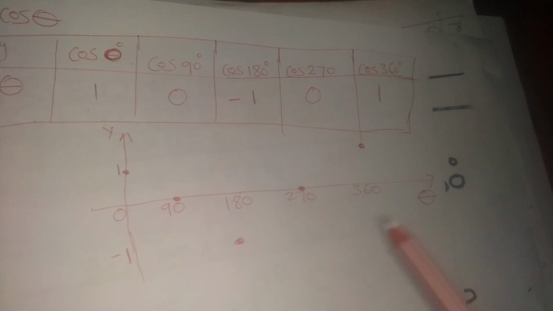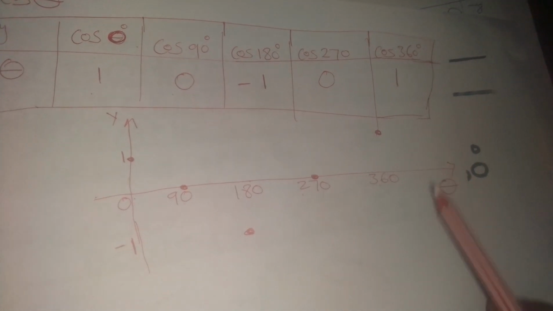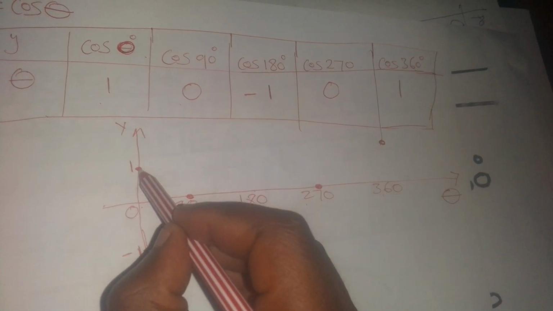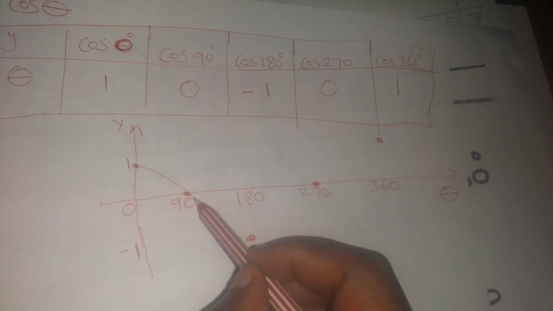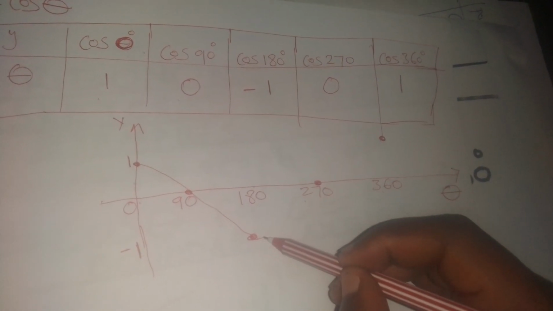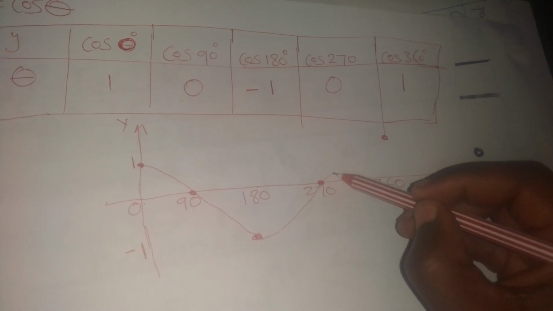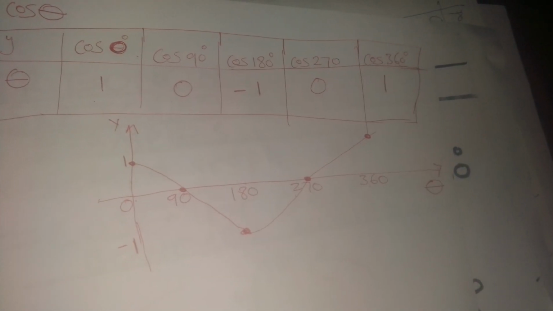Now, these points that you have plotted on the graph, you have to join them nicely. So I'll join from this point, and again it is going to be at that point. It is going like this. I join like that. I have joined the points. You see that?